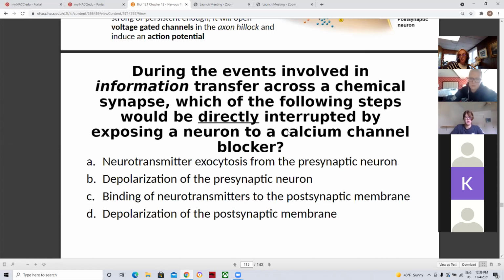What would you say? During the events involved in an information transfer across the chemical synapse, so this would be release of neurotransmitter, which of the following steps would be directly interrupted by exposing a neuron to a calcium channel blocker?